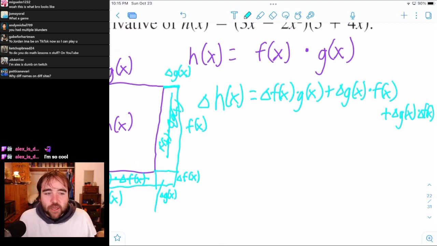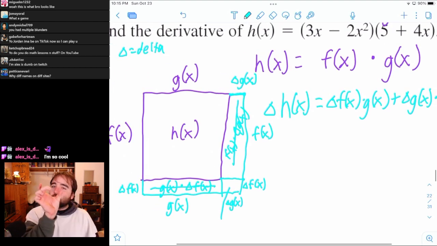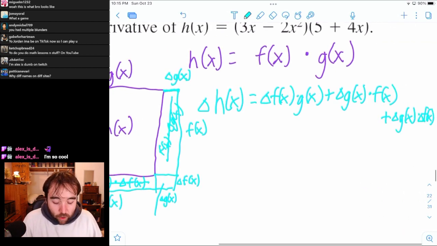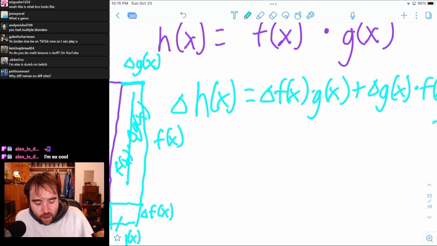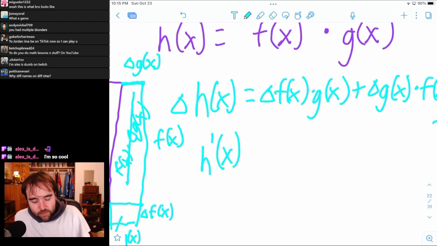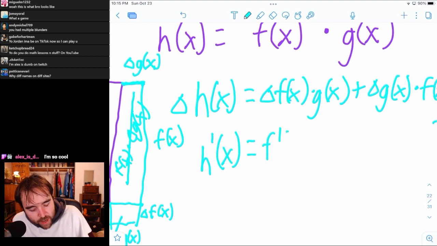Now the last connection that we have is that we're talking about the derivative. So these changes are really just little tiny changes that don't actually matter. Or more specifically, like the derivative. So now we can rewrite this thinking of h prime of x, because we're talking about the derivatives, and that's just how you write the derivative, is equal to f prime of x times g of x.